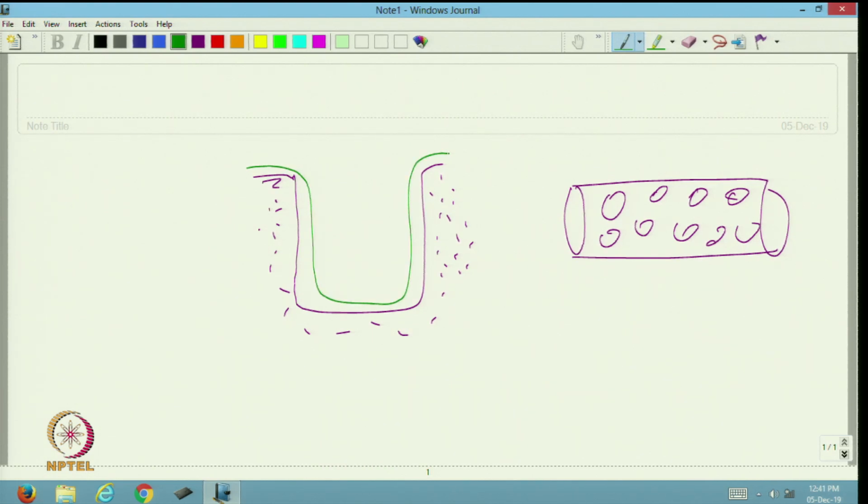These are the large stones or gravels here, and the pipe is placed here. This is a perforated pipe placed here.